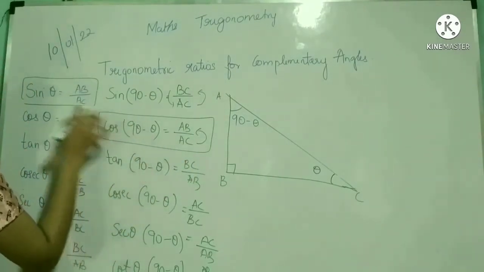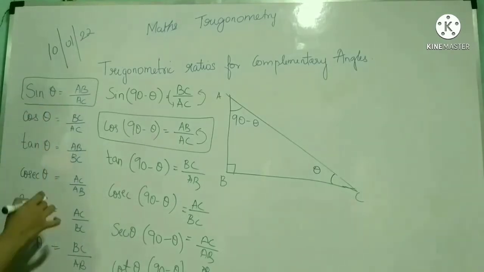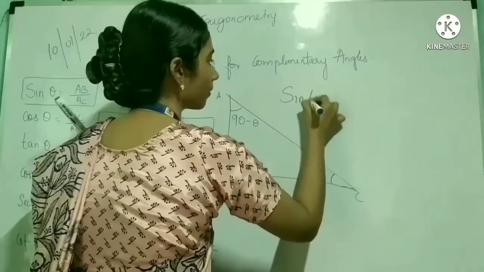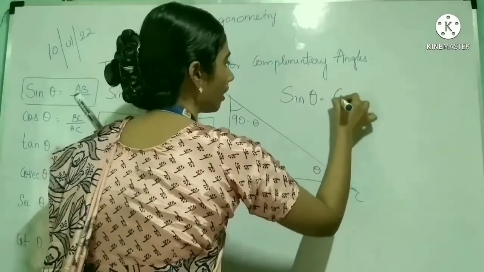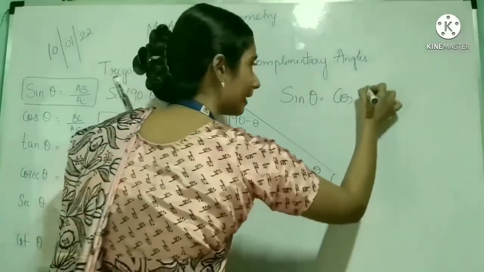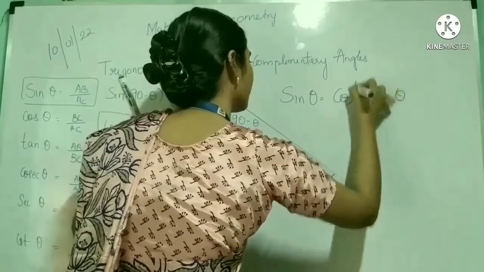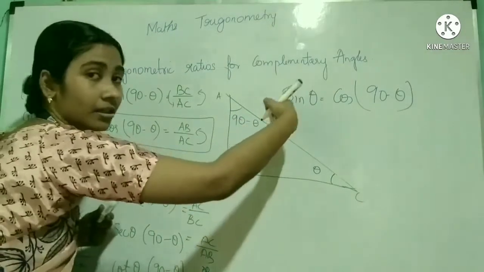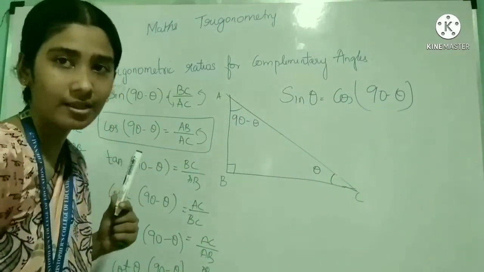Cos 90 minus theta is equal to sin theta. Let me write here: sin theta is equal to cos 90 minus theta. Okay? This is the first formula that you are studying.